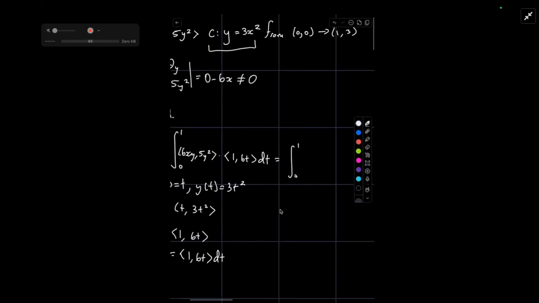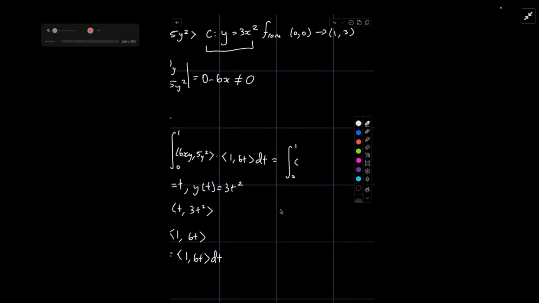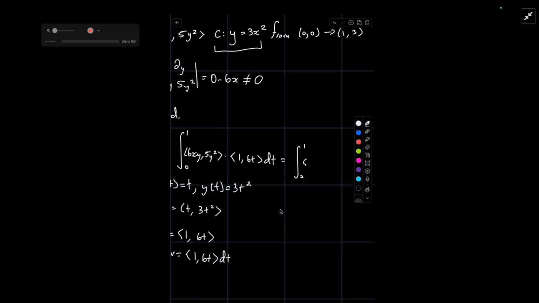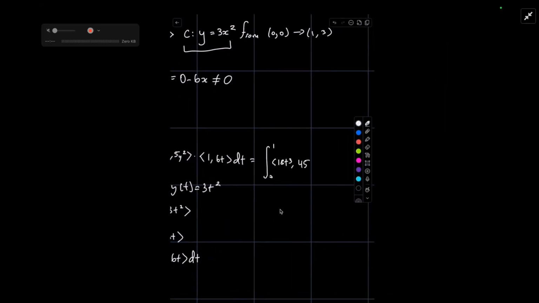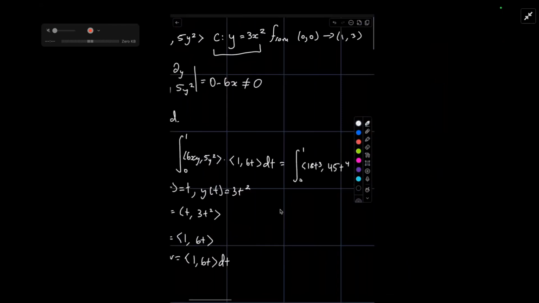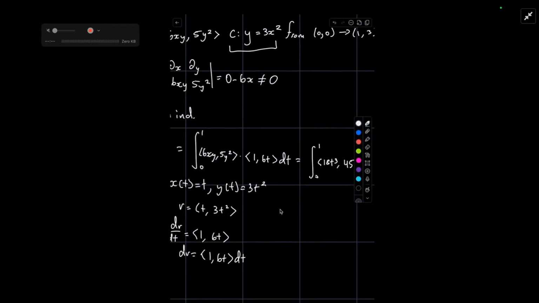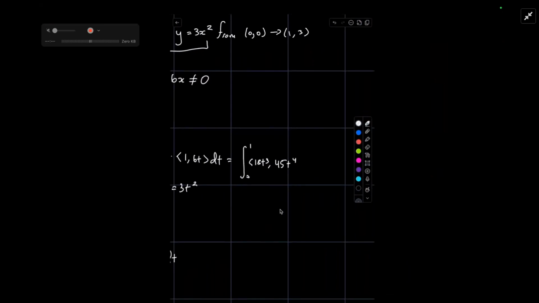So that would make this 18t cubed and 5y squared. If we plug in 3t squared, then we get 45t to the 4th, I believe. Is that right? Yeah. Okay.